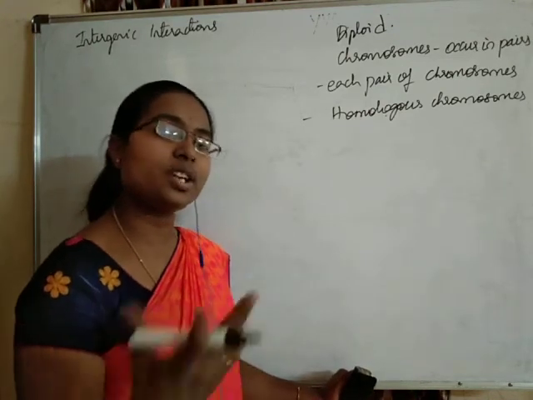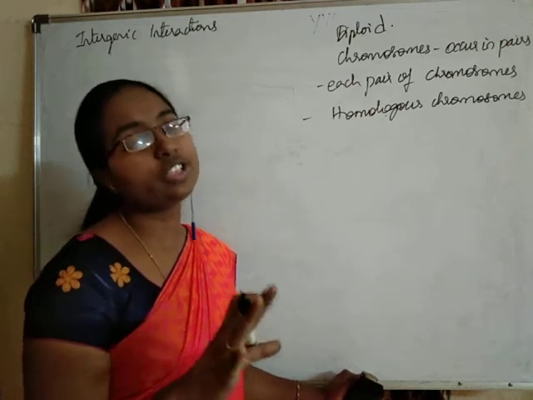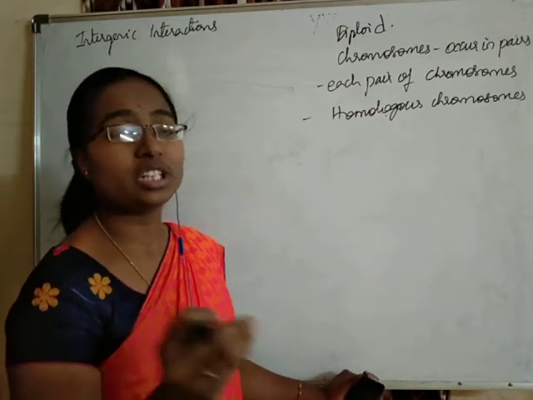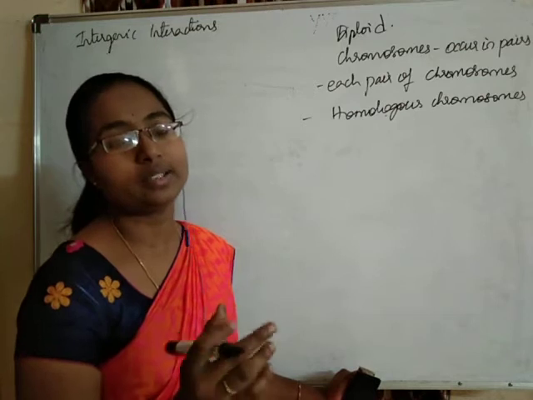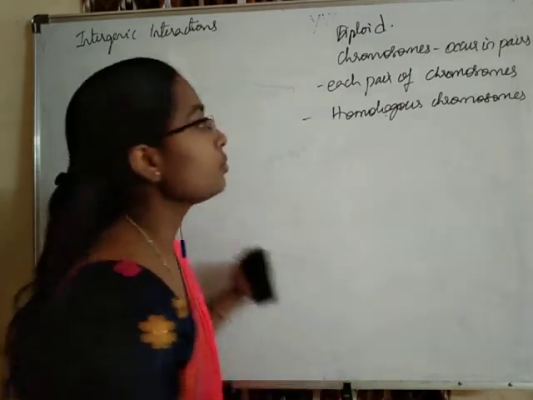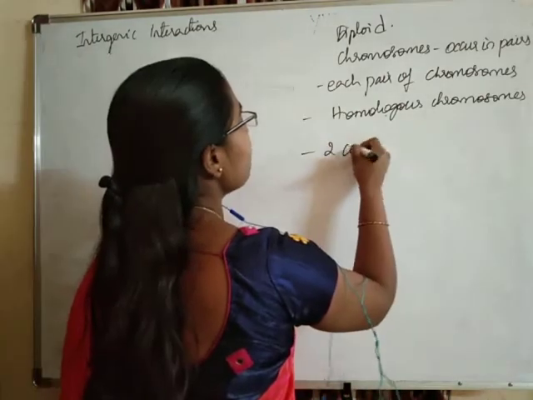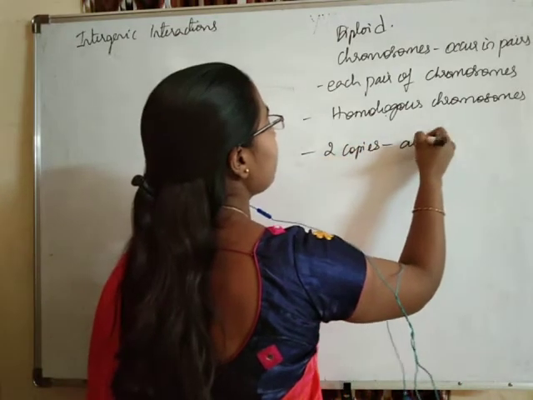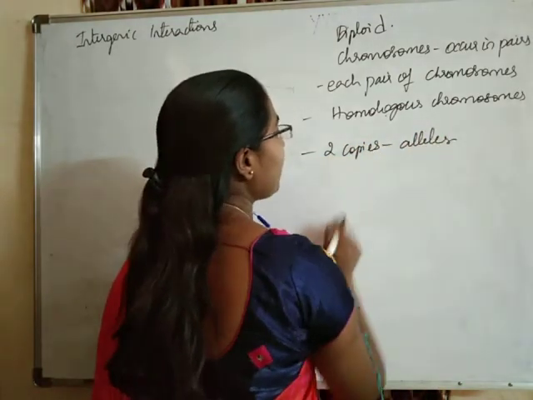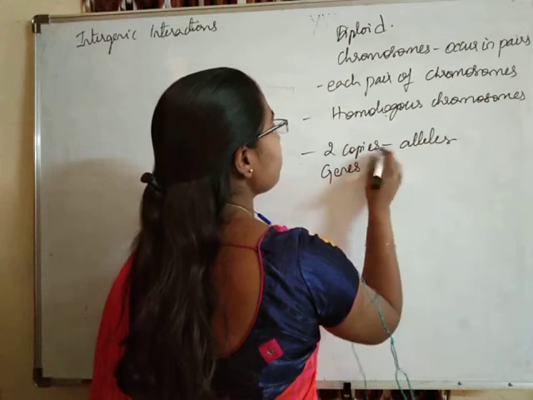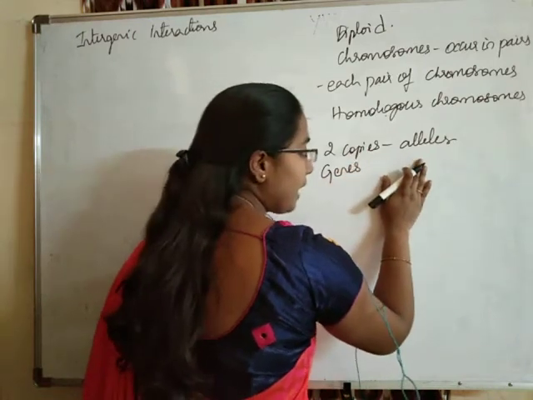Every gene will exist in 2 chromosomes, so the gene will have 2 copies present on both the chromosomes. Those 2 copies of genes present on both the chromosomes are called alleles.